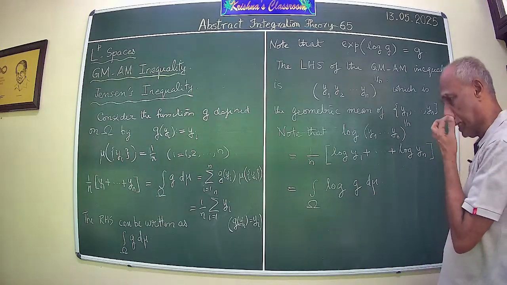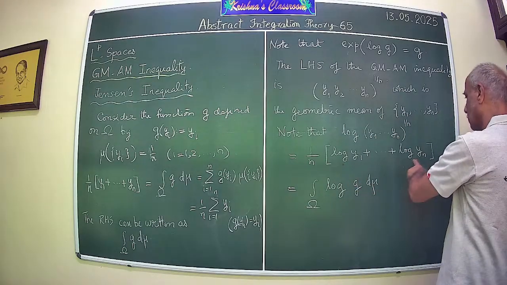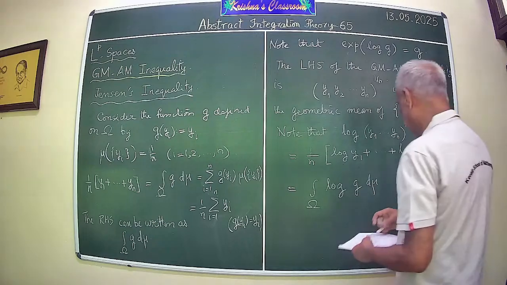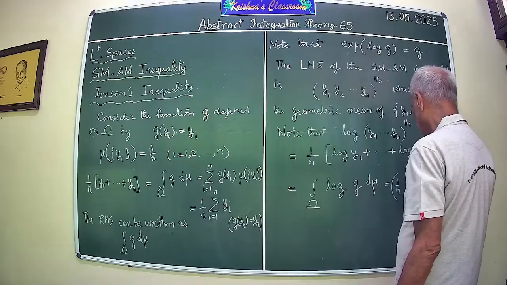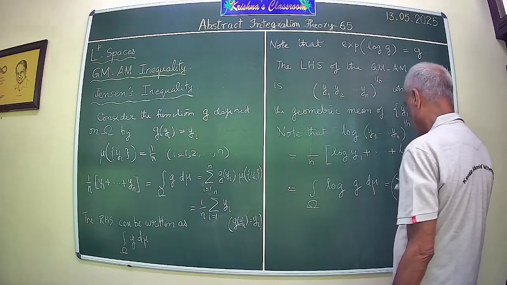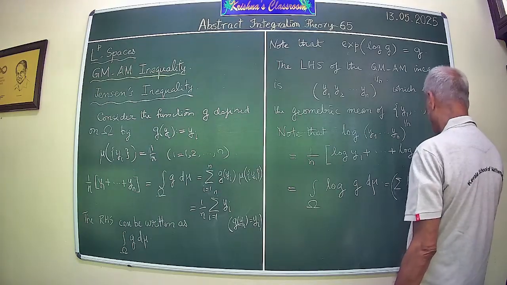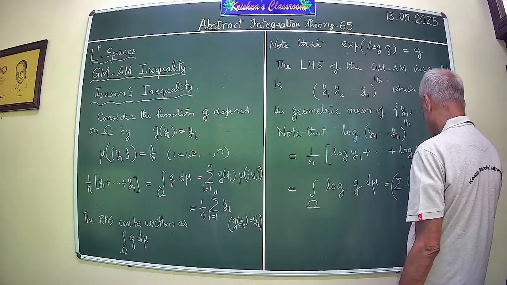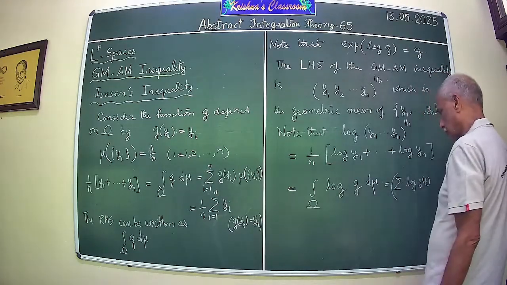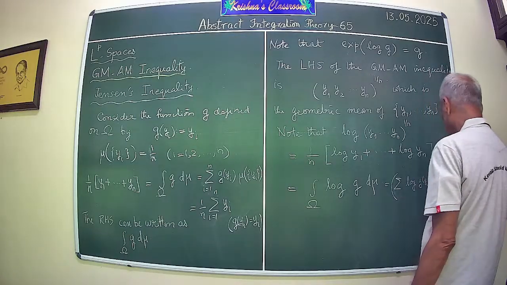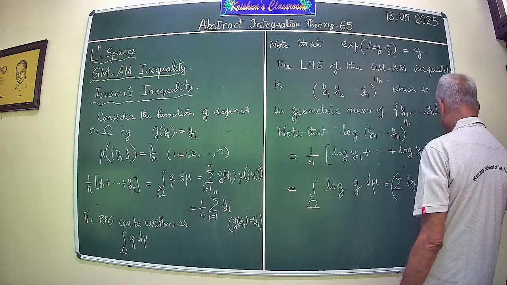So log G will be log y1, log y2, log yn, which is in turn, let me just write this as 1 by n sigma log G of yi into mu of yi.